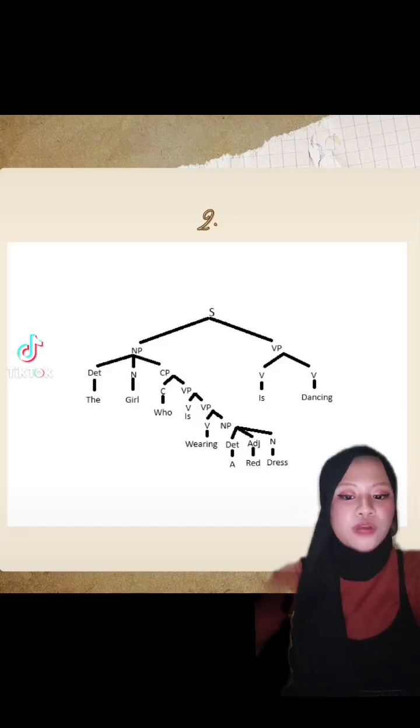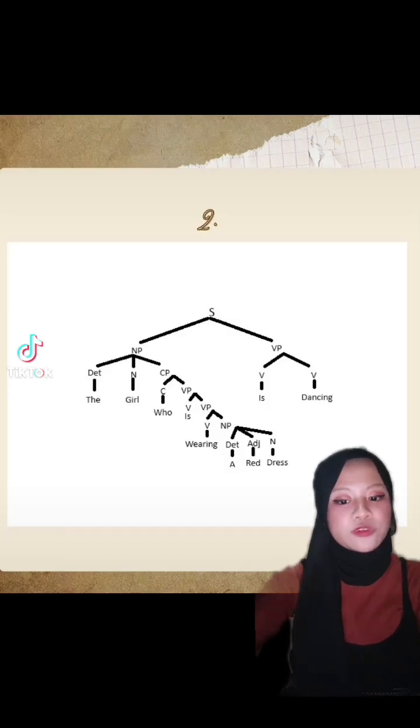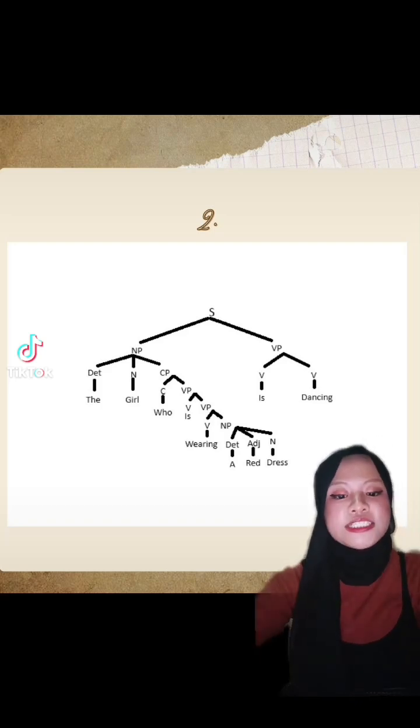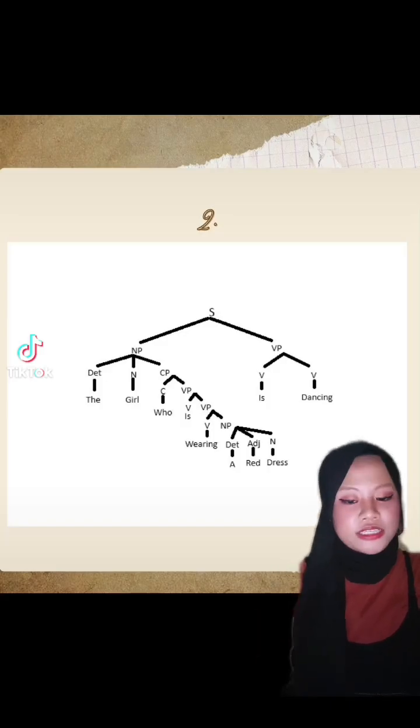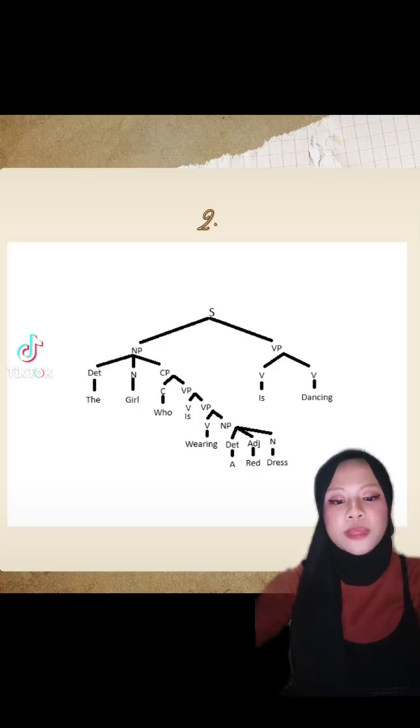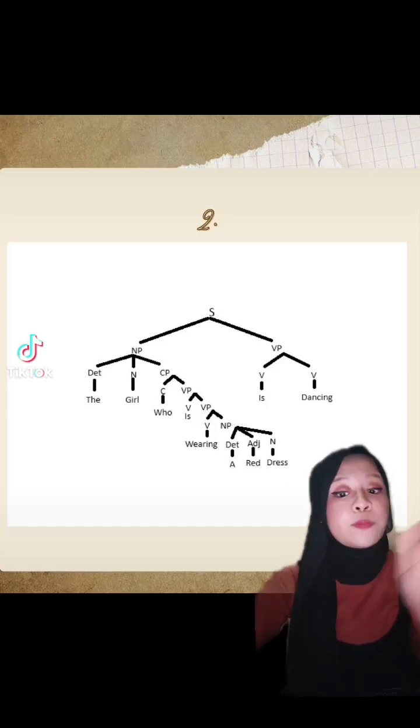In the deep structure, the main subject is the girl, which is a noun phrase consisting of the determiner the and the noun girl. The main action is described by the verb phrase is dancing, where is is the auxiliary verb and dancing is the main verb.